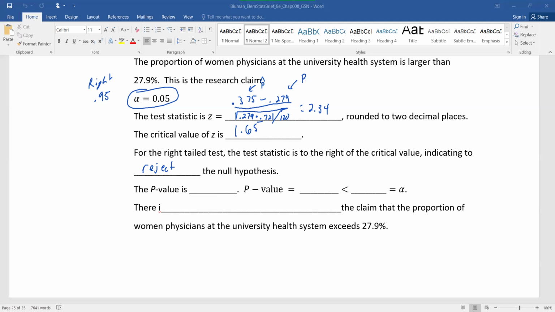That's where we go to the z-score table, go to 2.34. What is our value? 0.9904. But this is a right side, so that means I have to do what with this value? And you get what?